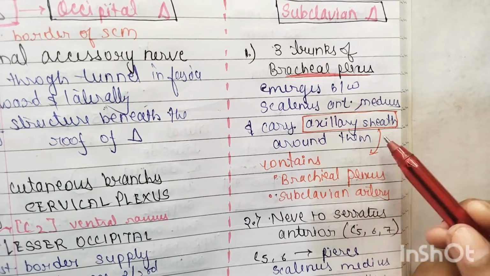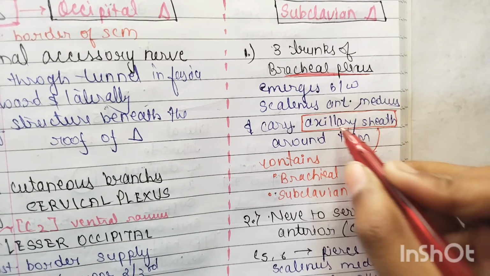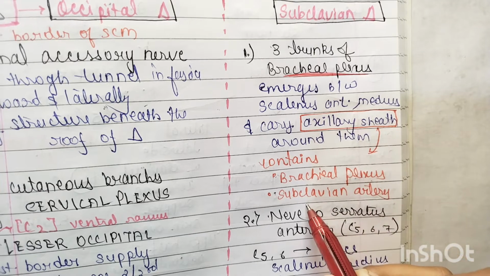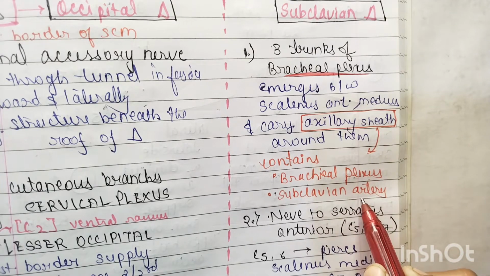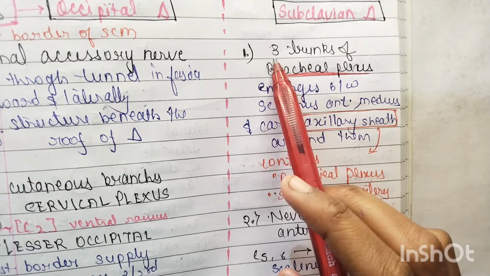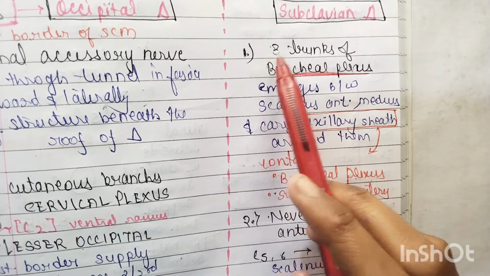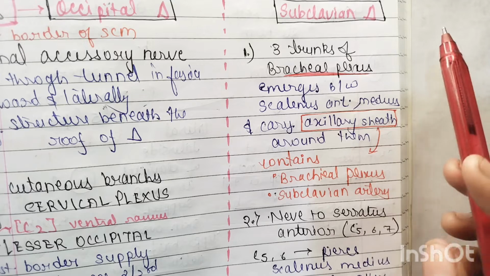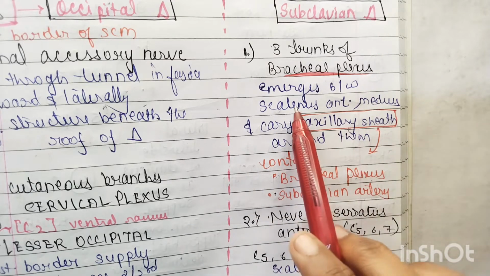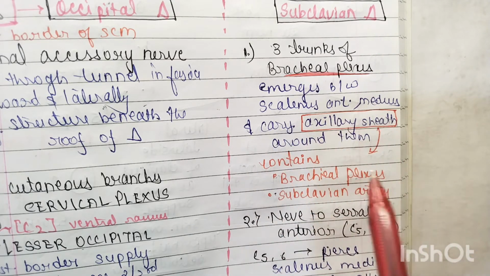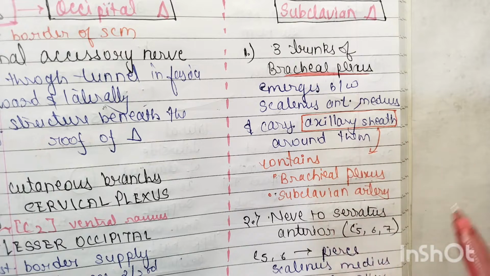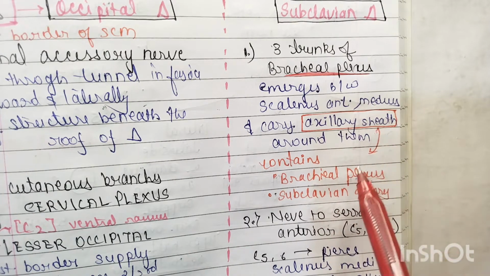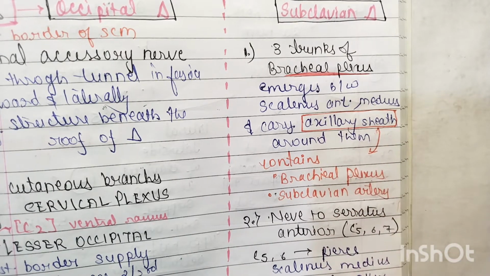This axillary sheath contains the brachial plexus and the subclavian artery.